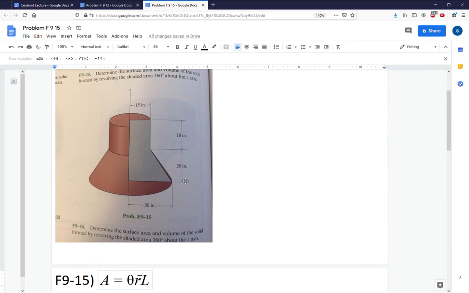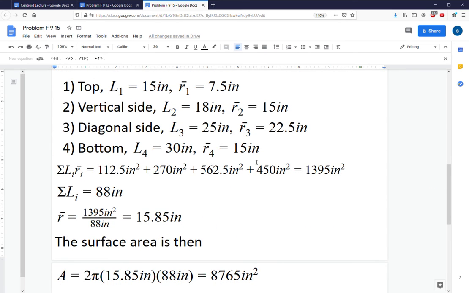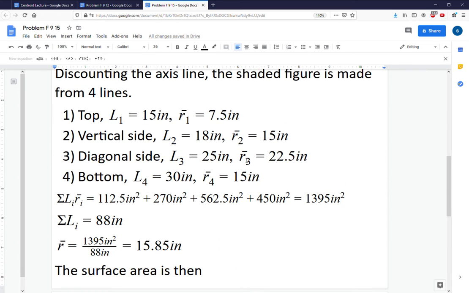And the bottom side, we can do the same thing we did to the top side. It has a length of 30 inches, and its halfway point, or its average point, is right there in the middle, so the average is 15 inches. Next, we find the weighted location, the sum of L times r. The first term is 15 inches times 7.5 inches, which is 112.5 square inches.